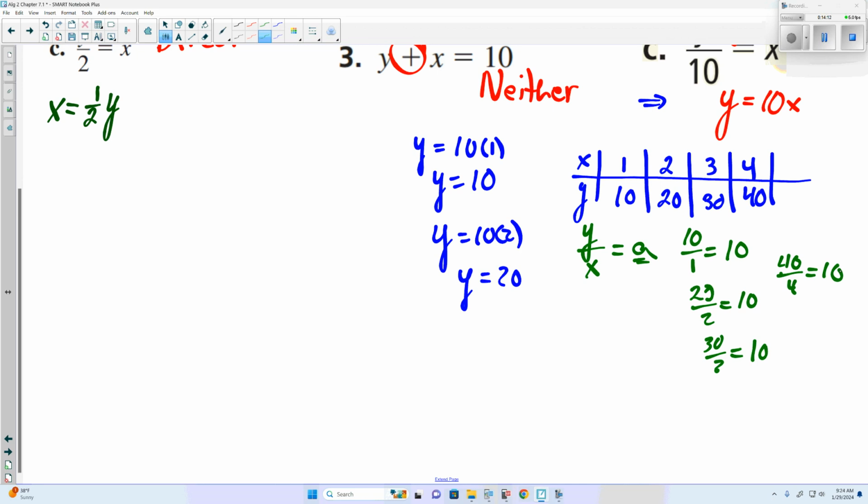We could have done x over y. But if we did x over y, we would have had 1 over 10, which is 1/10. 2 over 20, which is still 1/10. 3 over 30 is 1/10. 4 over 40 is 1/10. We do to get that constant amount.